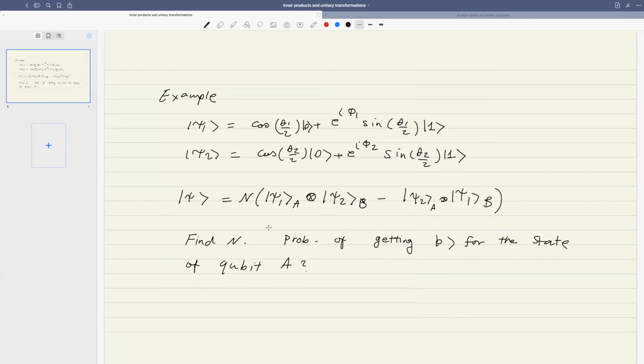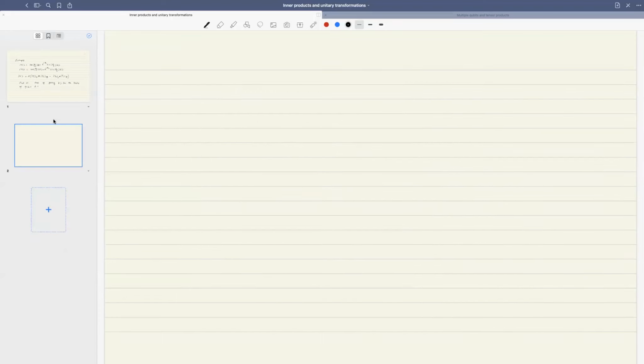So how can we make progress on this? First, we have to calculate the state in the computational basis, then make sure it's normalized, and then from that we can extract the needed probabilities. There are two ways to do this, so let's do both ways.